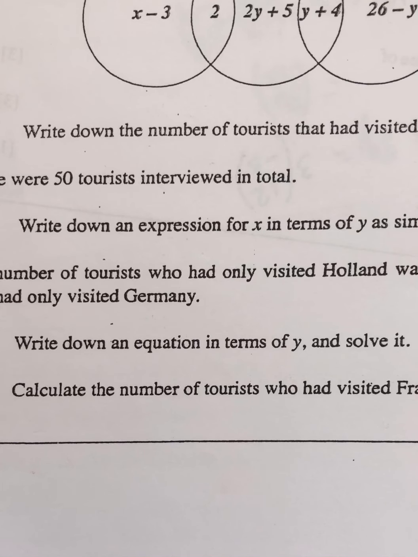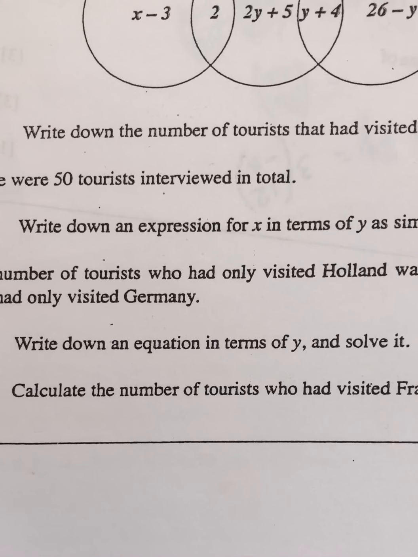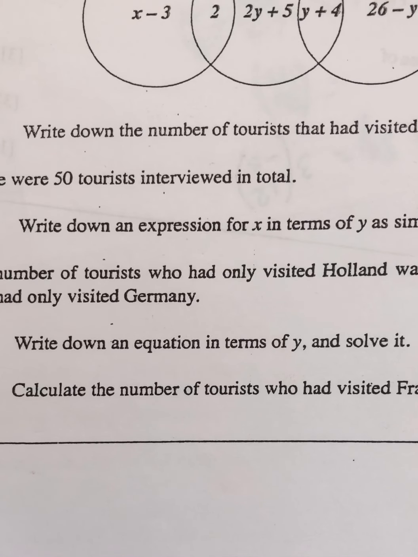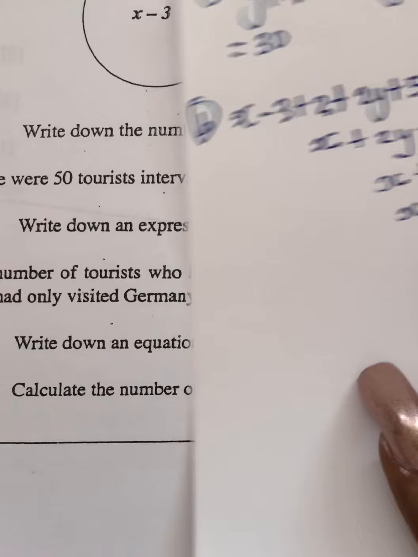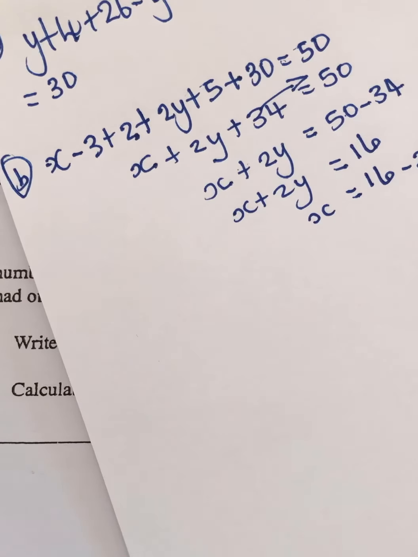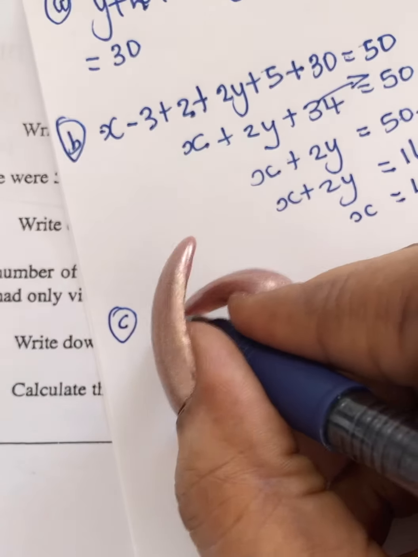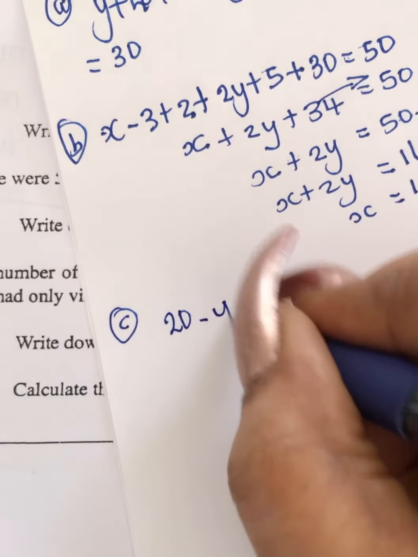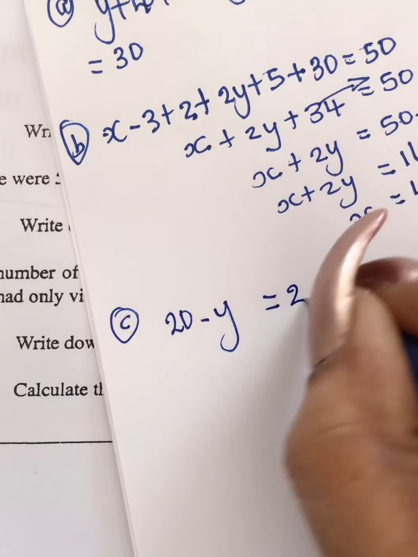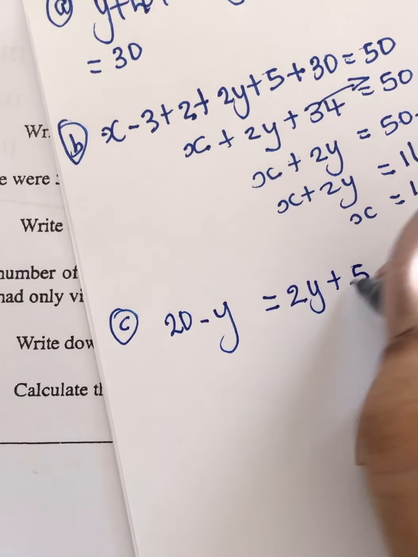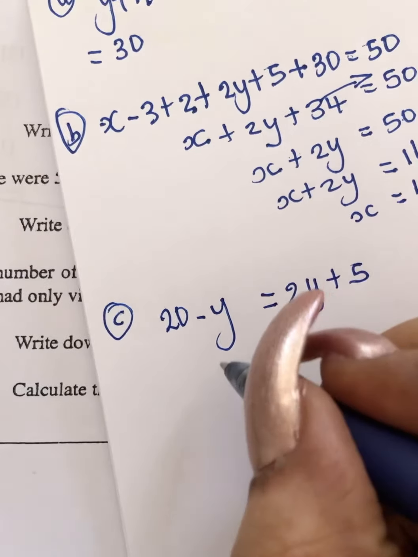Write down an equation in terms of y and solve it. Let's go. So we're looking at Germany and Holland. That'll be 20 minus y, to 2y plus 5. This is one of the ways.